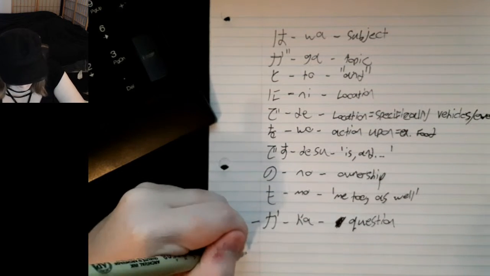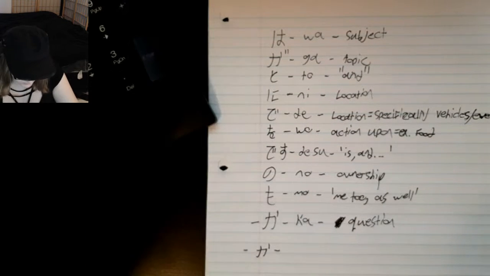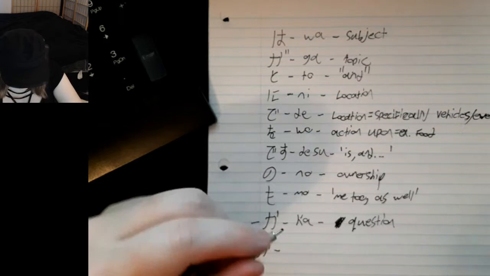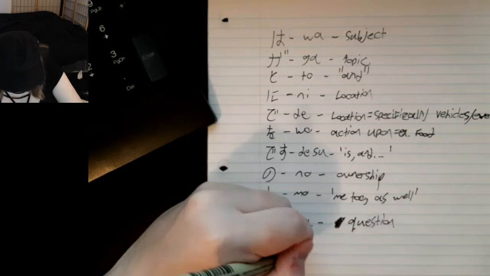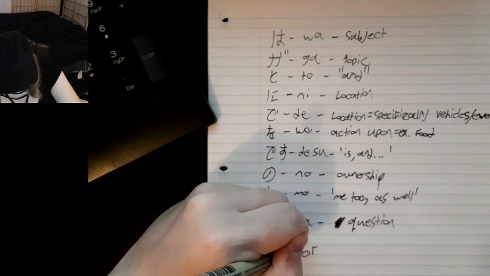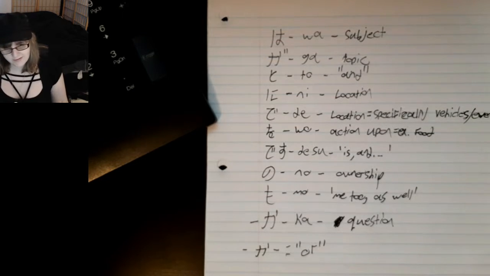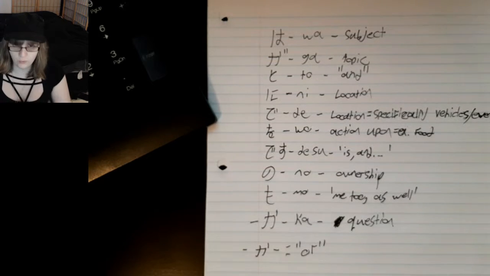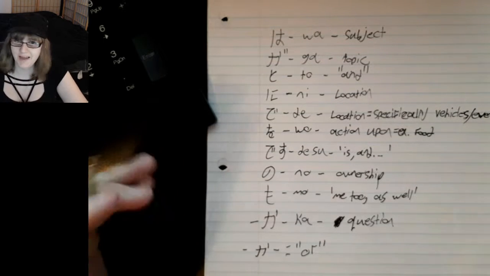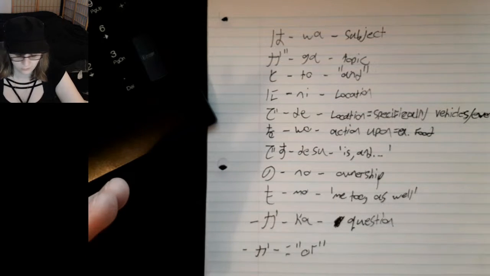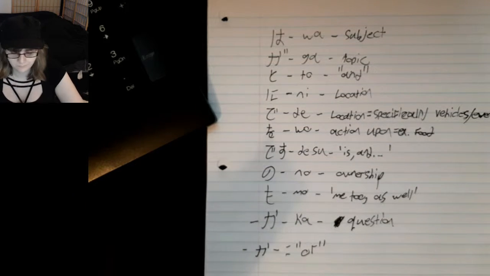And when used as a particle in the middle of a sentence, it equals or. So, sore ka kore would be this or that, whereas sore to kore would be this and that. Or kore to sore, this and that.